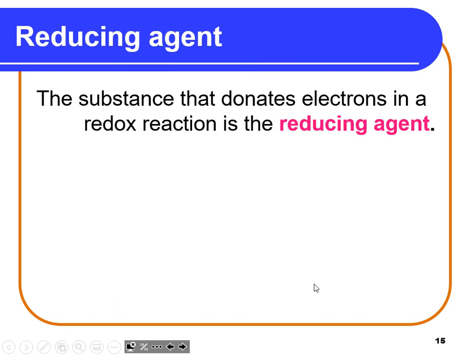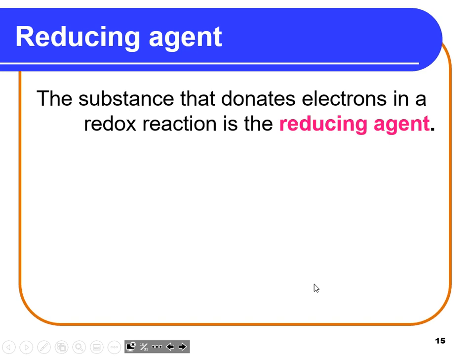Now, as we move on, we look at reducing agents and oxidizing agents. Now, ladies and gentlemen, to me, I think of this as the opposite. What do I mean by that? Well, the reducing agent is what is actually undergoing oxidation. So whatever was oxidized is the reducing agent.